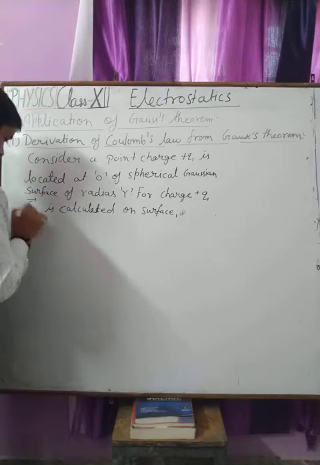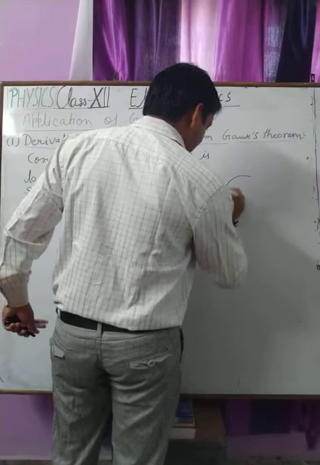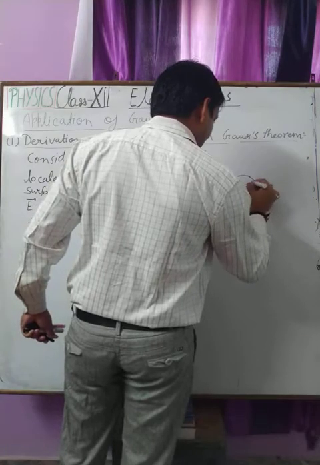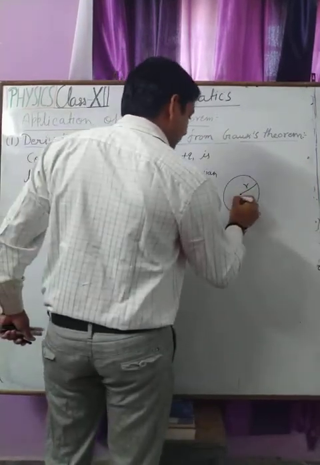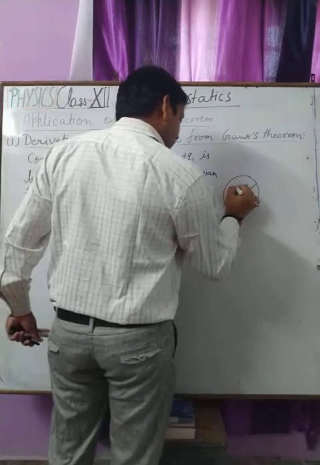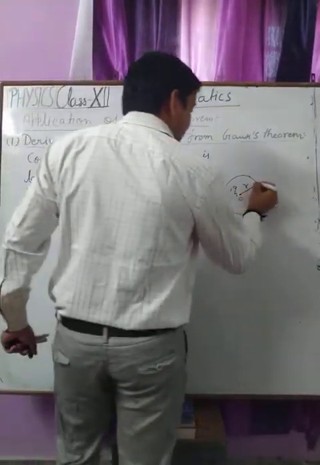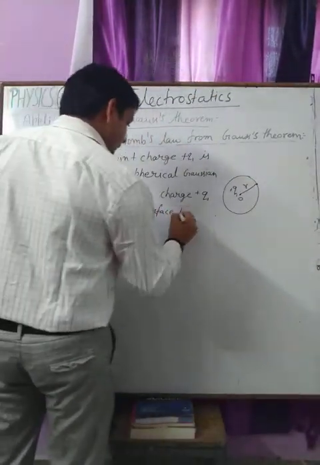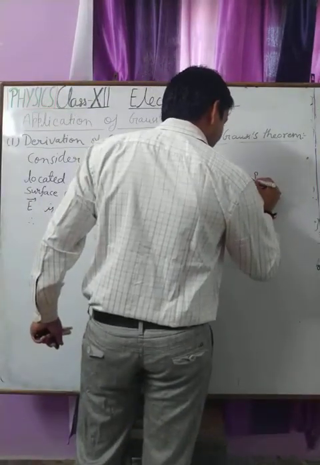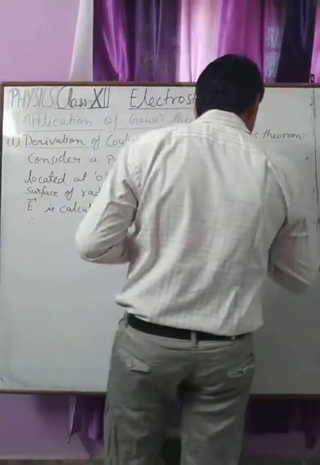Therefore, we have a spherical Gaussian surface of radius r, at whose center O the charge plus q1 is placed, and on the surface a point P where we need to calculate the electric field.